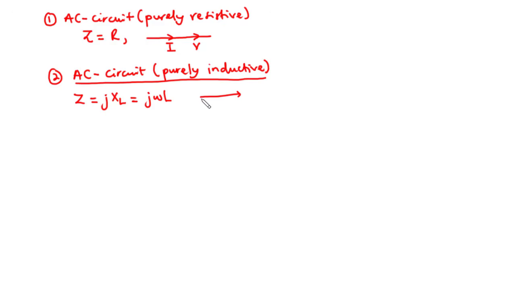So this is the phasor representation of a purely inductive circuit where the current lags the voltage by 90 degrees.